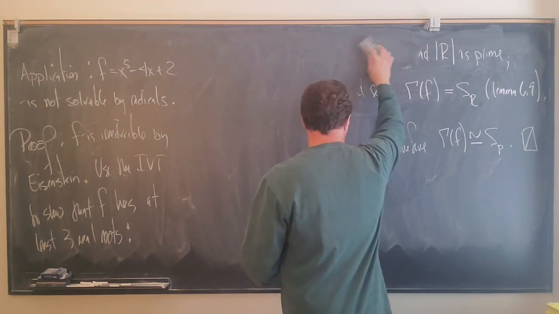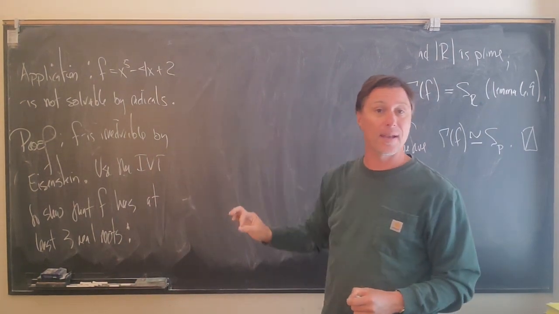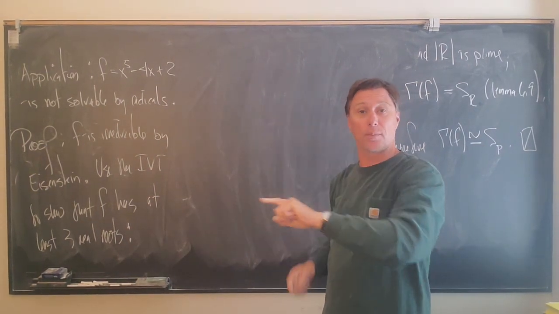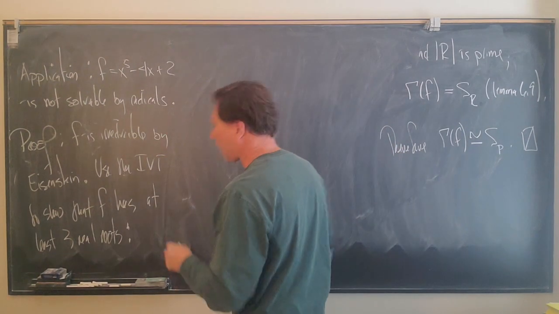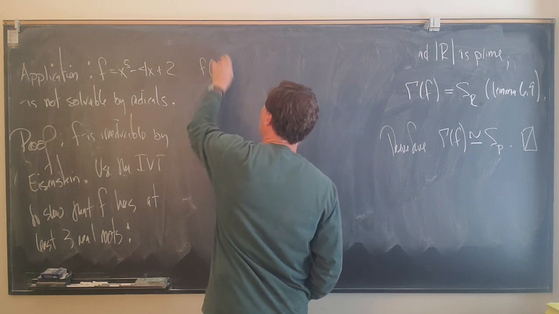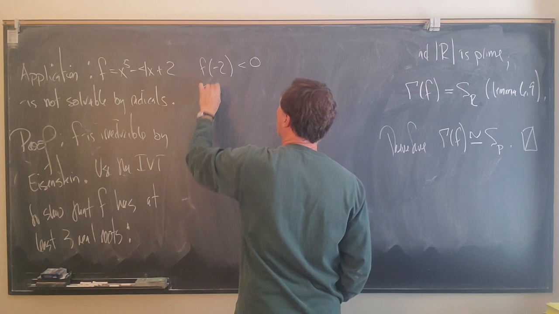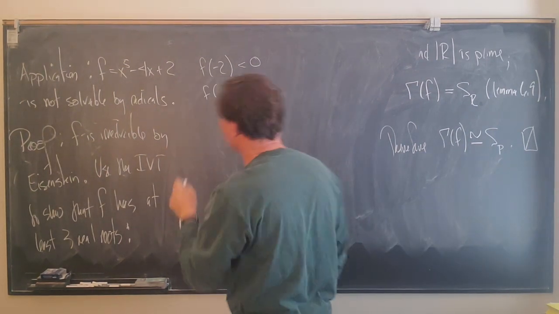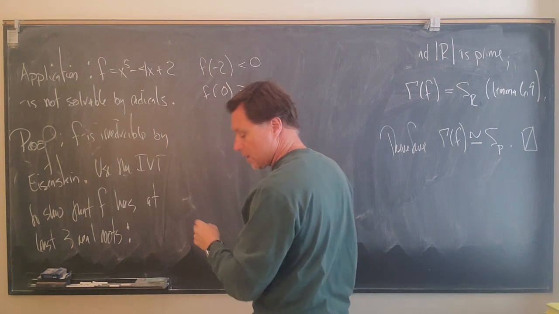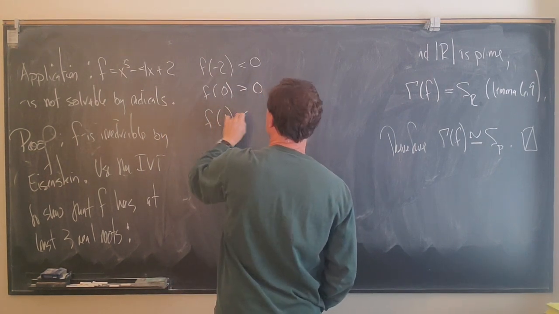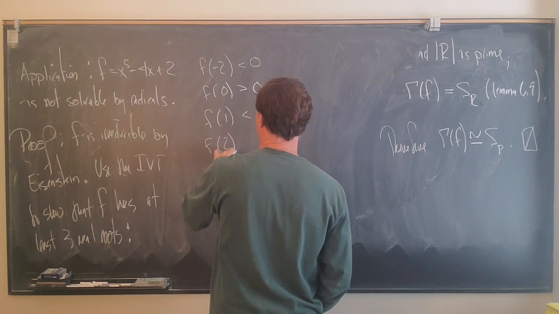So this is kind of a Calc 1 exercise. What do we have to do? We just have to show that the polynomial has a positive output followed by a negative output. That tells us that the polynomial has to cross the axis. A positive followed by negative or vice versa. So what do we have? f of minus 2 is less than 0. f of 0 is positive. f of 1 is negative. And f of 2 is positive.